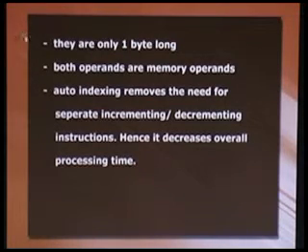The advantage, as you see, is these are only 1 byte long. Then both operands are memory operands, whereas in the conventional instructions both operands from memory is almost impossible. Most of the instructions have only one operand from memory, and the other operand is a register.